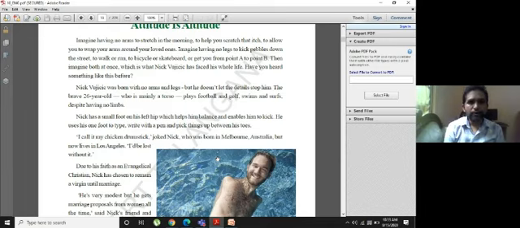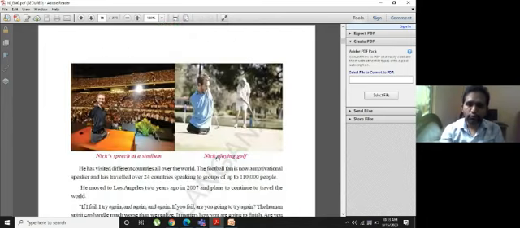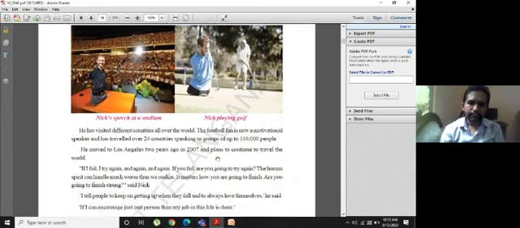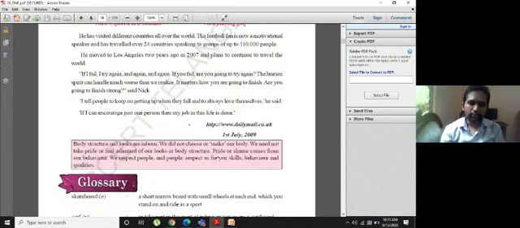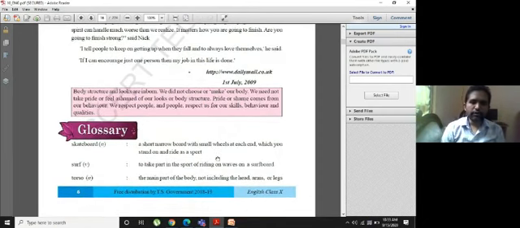Before we start, I'll just take you through the meanings which we have. You can see their glossary meanings. What is skateboard? Skateboard: a short, narrow board with small wheels at each end, which you stand on and ride as a sport.